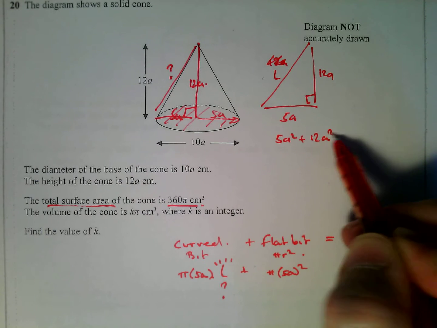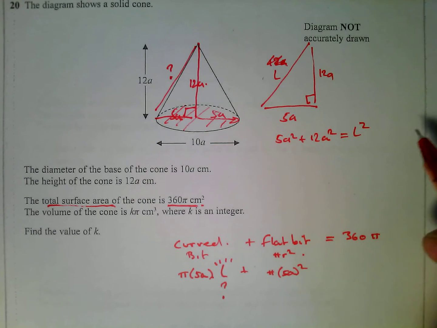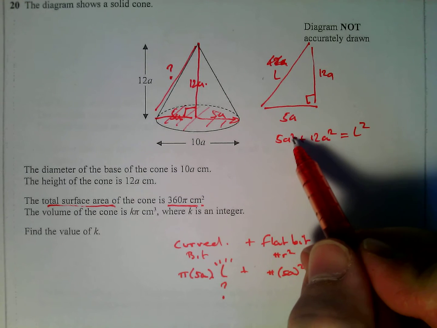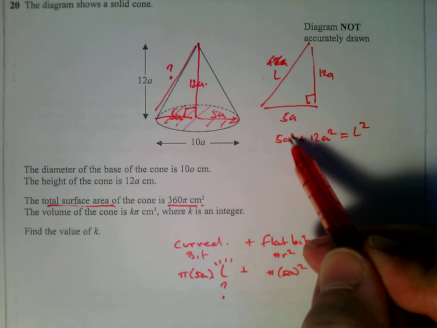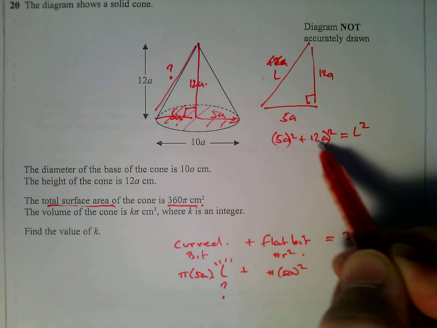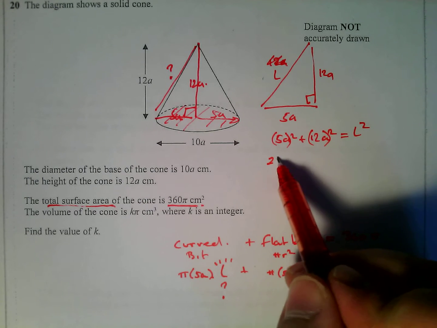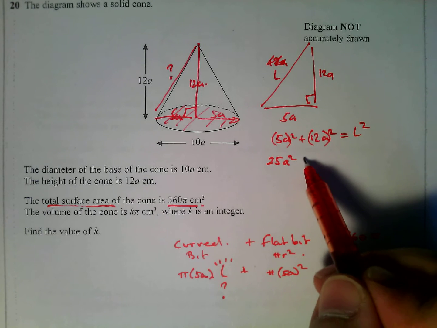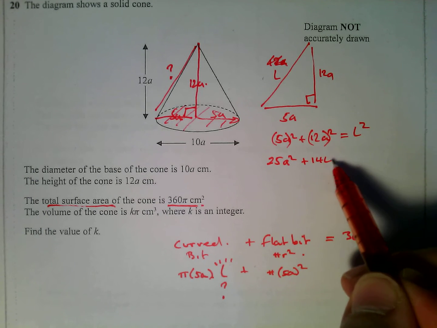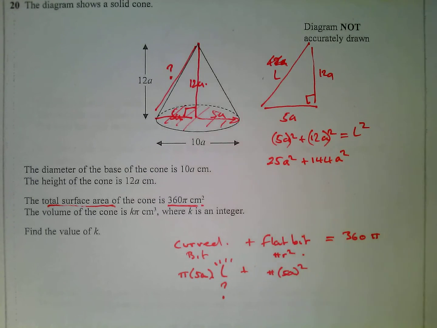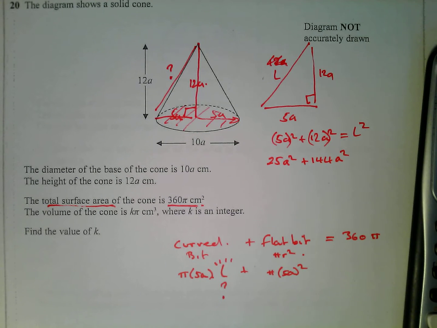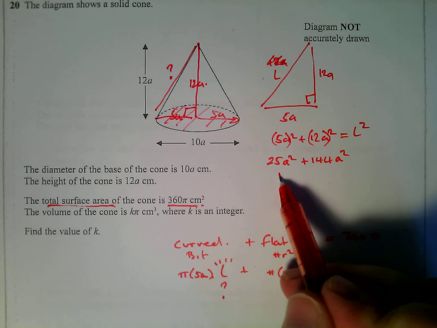So if I use Pythagoras, I can say that the short side, 5a, squared plus the other short side, 12a, squared is equal to the hypotenuse, the big side opposite the right angle, squared. This is the one that we're looking for, we'll call it l. So what I've got is 5a squared plus 12a squared is equal to l squared.